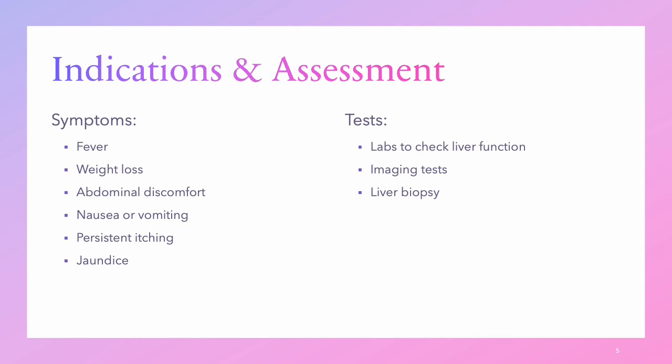The last test that can be performed is a liver biopsy, which is a procedure where the radiologist will take a small amount of liver tumor tissue and will have the medical lab scientists perform a test to see if the tumor is cancerous. This is usually done in interventional radiology.